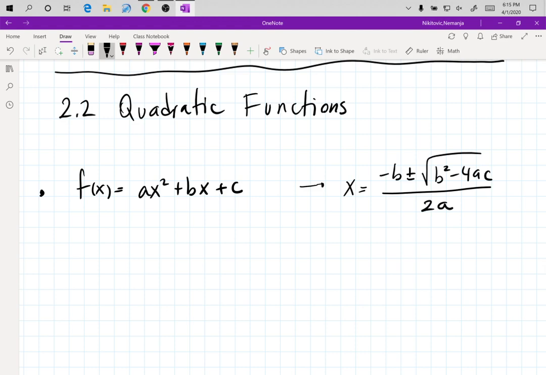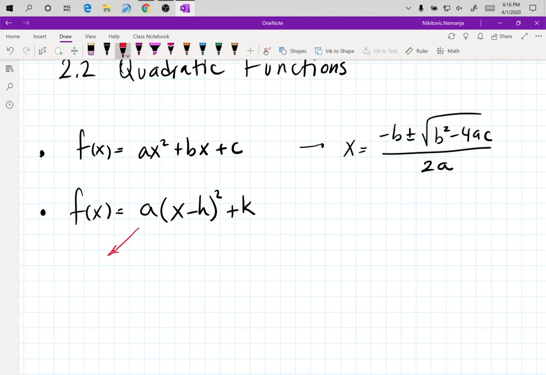Way better formula for pretty much everything else, including graphing, is the standard form of f of x equals a(x minus h) squared plus k. Now this is the formula we love, because we can say this a can be less than 0, opens down, and a could be larger than 0, opens up.